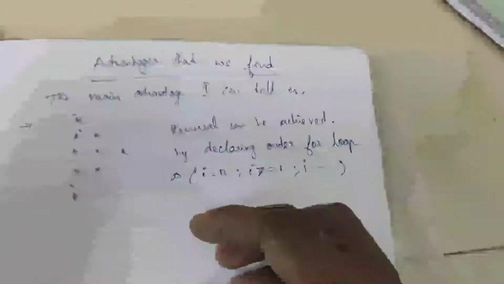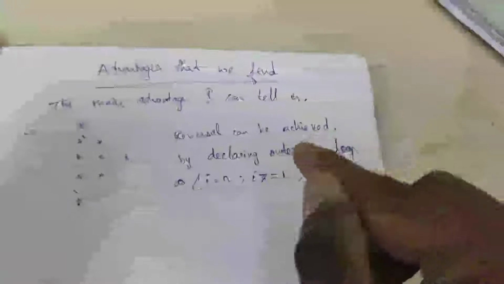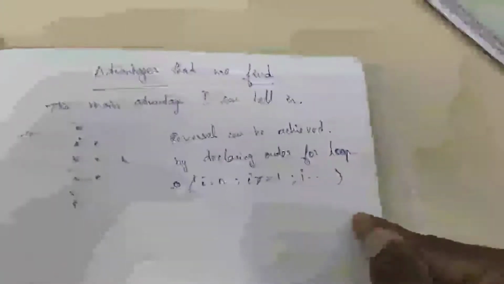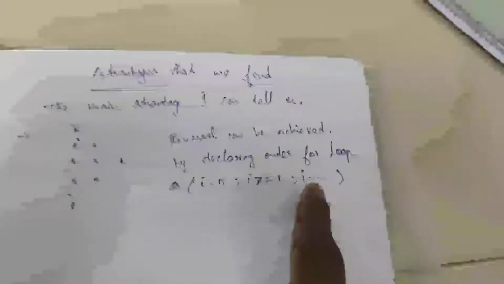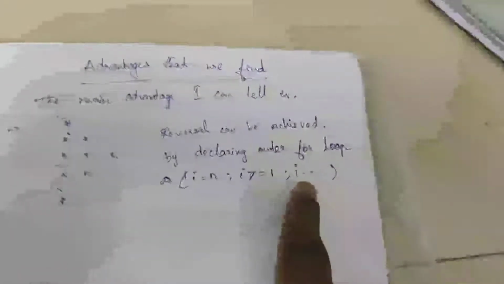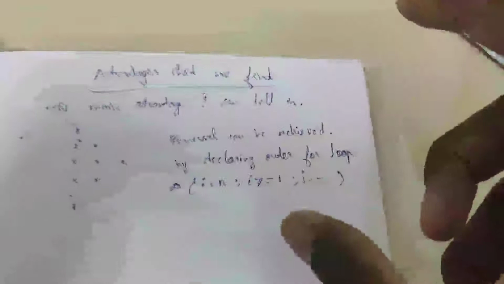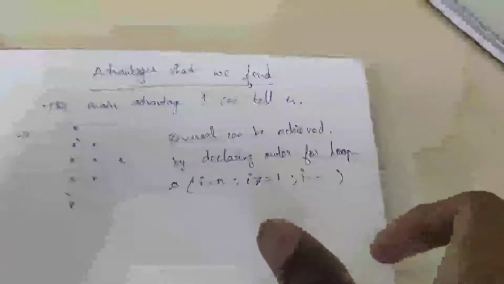In the previous sum we saw 1 to n, printing from 1, which is in ascending order, right? When I print from n to 1, it is in descending order. And we are going to use the decrement operator here, so that the reversal format can be achieved easily.